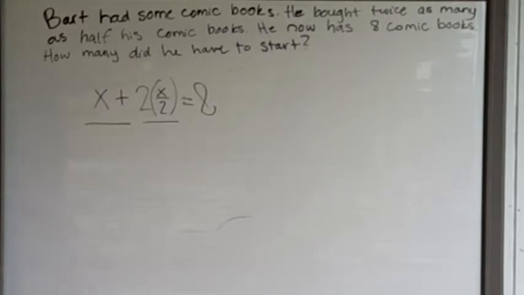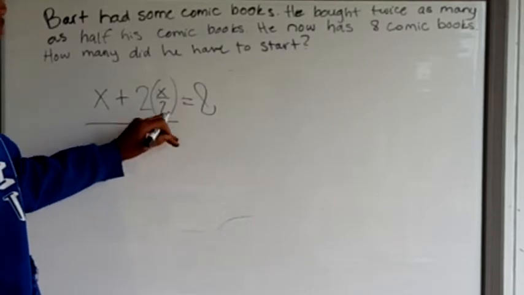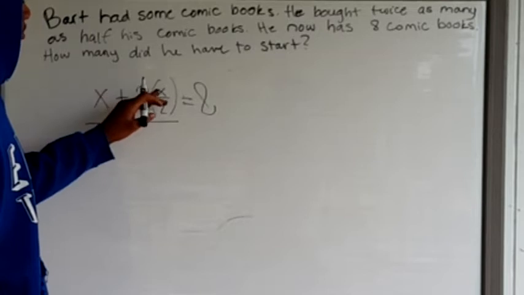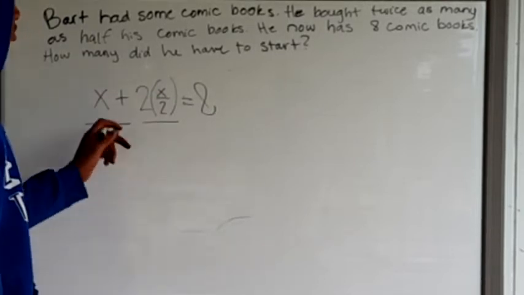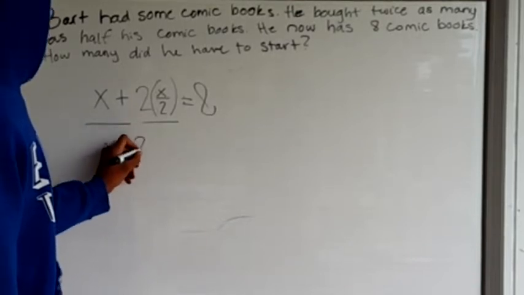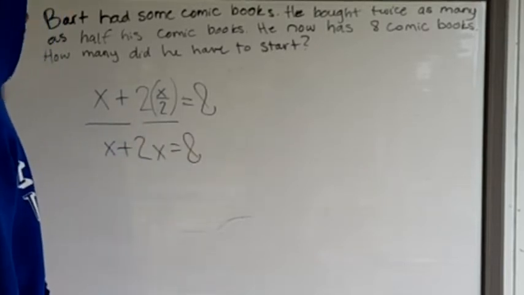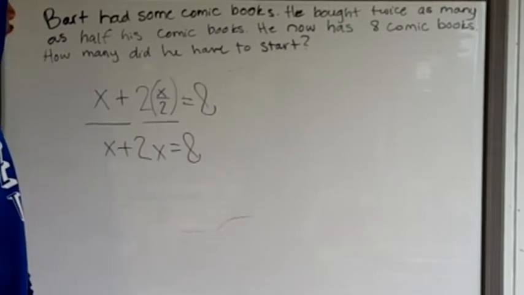Like that makes a difference. x, Bart had to come plus, so 2. 2 times x over 2. Mm-hmm. 2 times x equals 2x. So this is x plus 2x equals 8. No. How did you get 2x over 2 equals 2x?